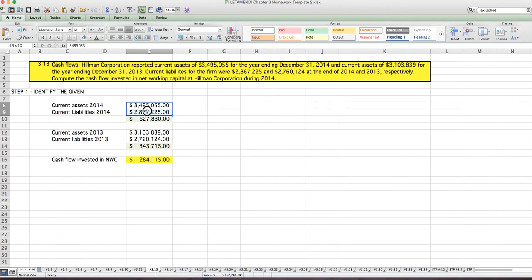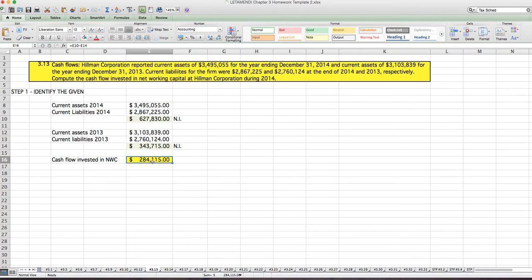So when you do that for 2014, you get net income, right? Let's just put NI here of 627,830, all right? And then when you do it for 2013, you have 3.1 million, 2.7 million, subtract them both, and then you get net income of 343,715.